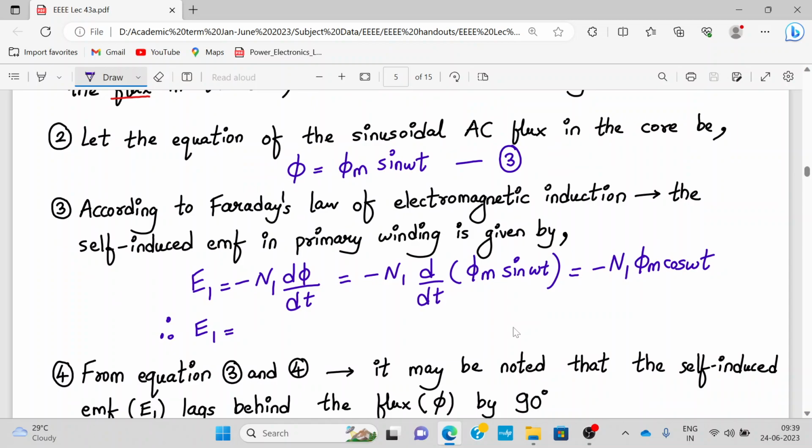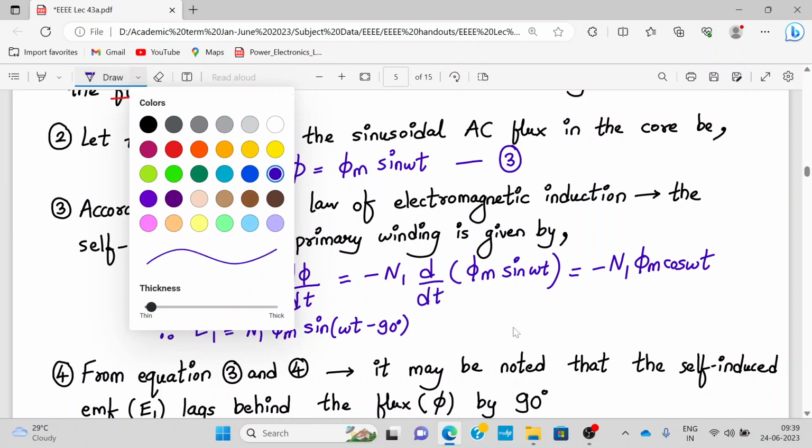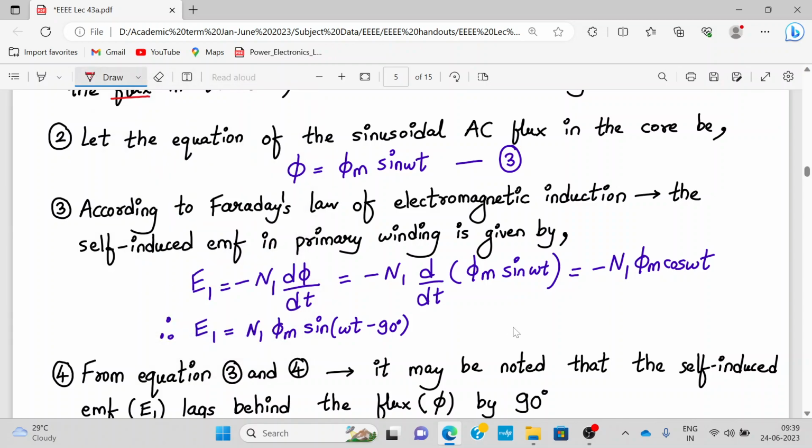If I want to write cos omega t in terms of sine, I can write it as sine of omega t minus 90 degree. So if we want to make it positive and write it in terms of sine, E1 is N1 phi m sine of omega t minus 90 degree. Let me put it inside the box, and call this equation number 4.